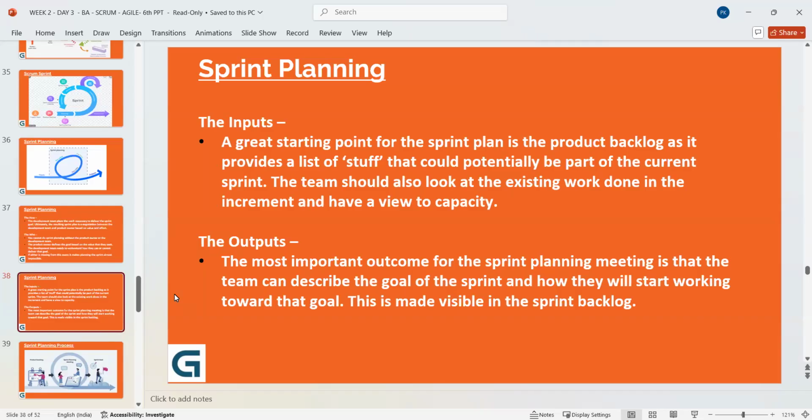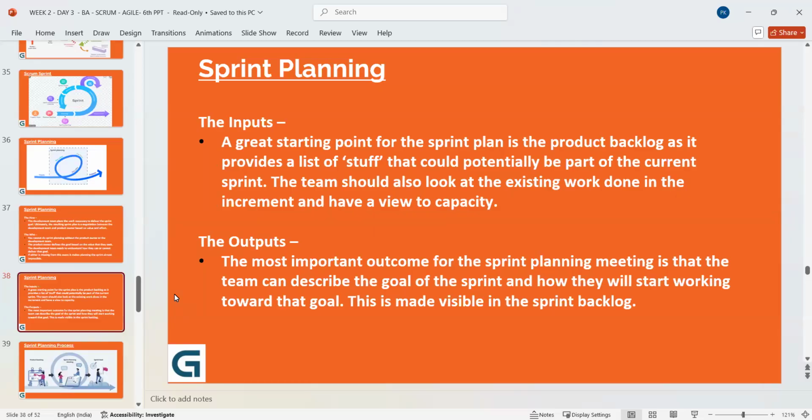Now I know there are some different words like product backlog, capacity, and increment. But trust me, it simply means whatever work or requirement we already have with us, given by the customer, out of which the prioritized or most important items as per the customer will be worked upon.